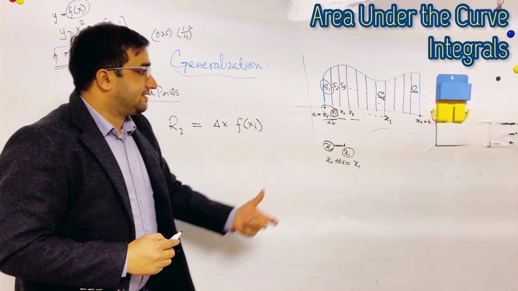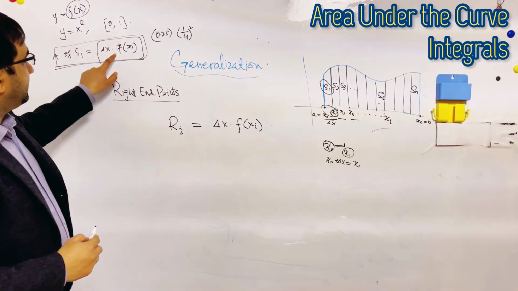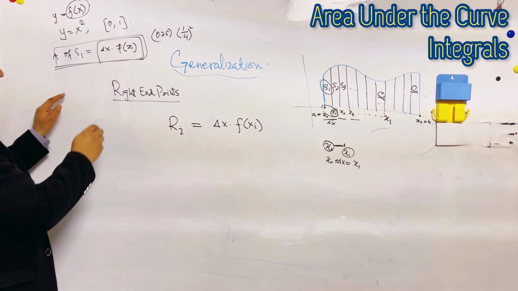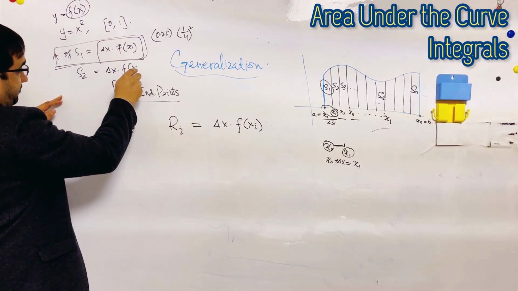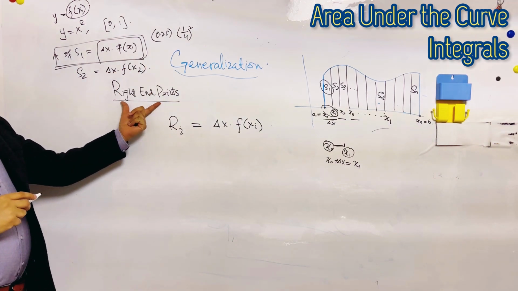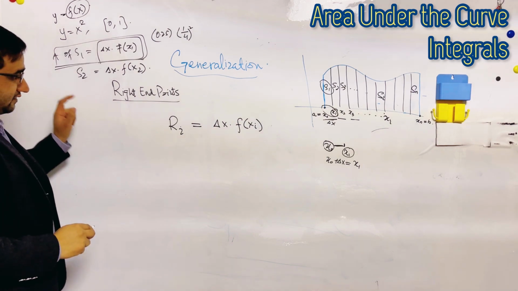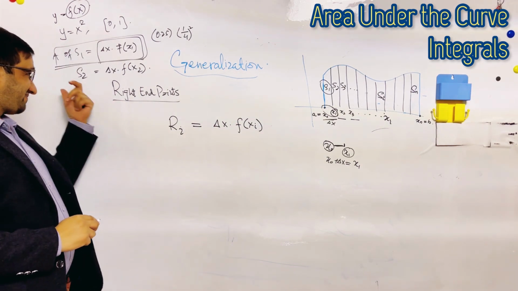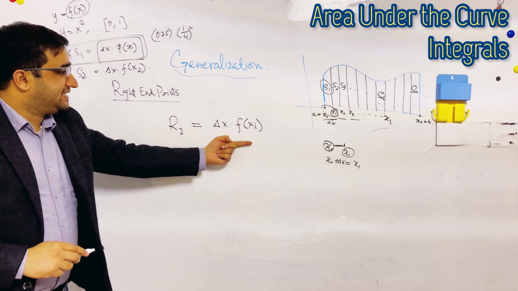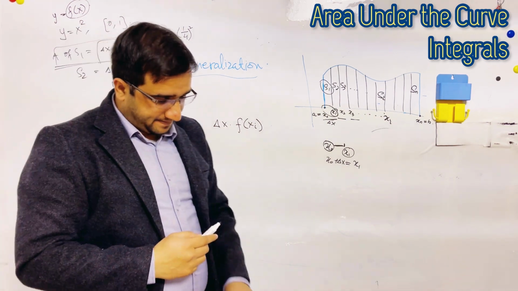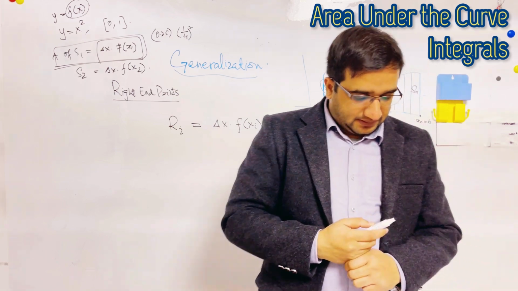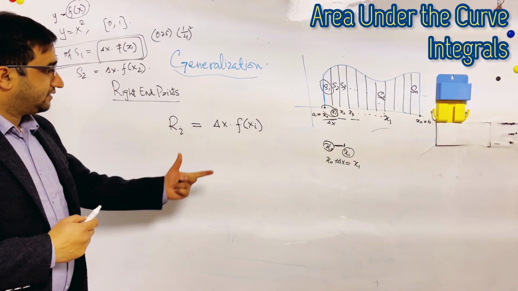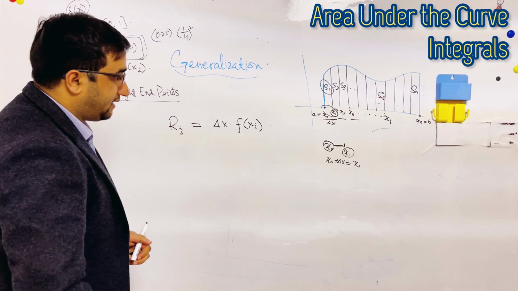If it is slice 1, it will be delta x f of x1. If it is slice 2, it will be delta x f of x2. But keep in mind the right endpoints. So for slice i, the rule is delta x dot f of xi. So far it is okay.